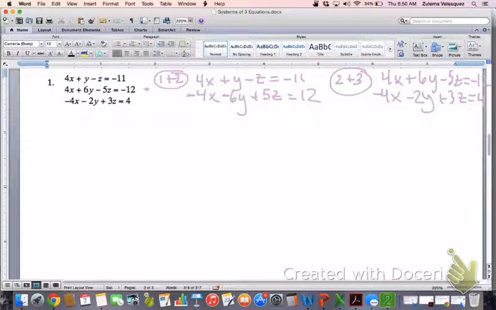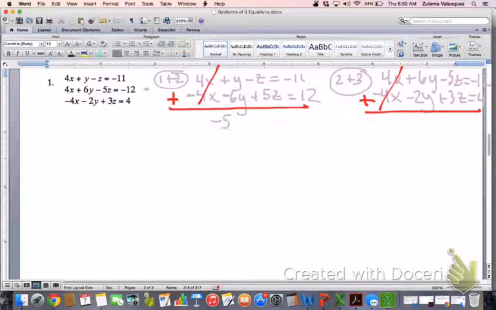So I paired up the first two equations, paired up the second and third equation. I set them up to be ready to eliminate. Remember, I want to eliminate the same variable on both of these. The x's on both of them cancel. So I have -5y plus 4z equal to 1. On this side I have 4y minus 2z equal to -8.